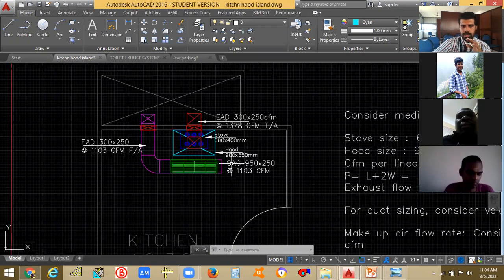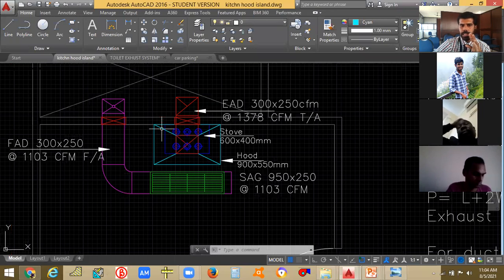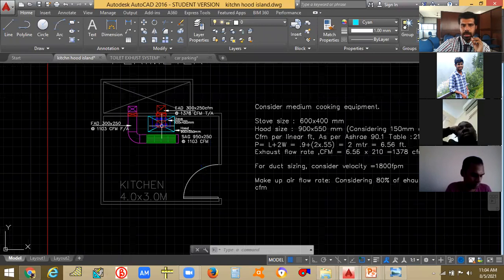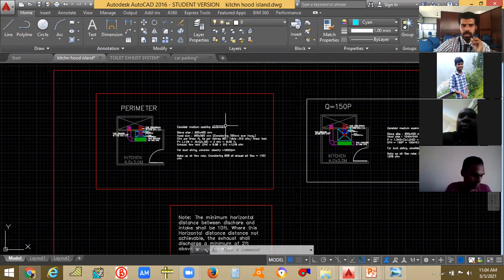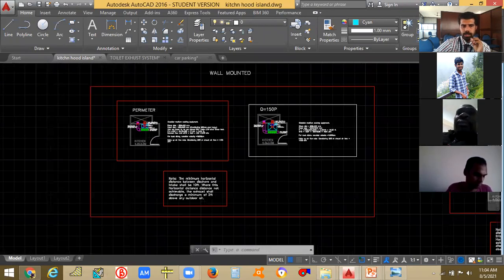So this is the kitchen hood, this is the exhaust and this is the supply. When you get the stove size, you'll be getting the kitchen hood. This is the Magna method and this is the ASHRAE method.